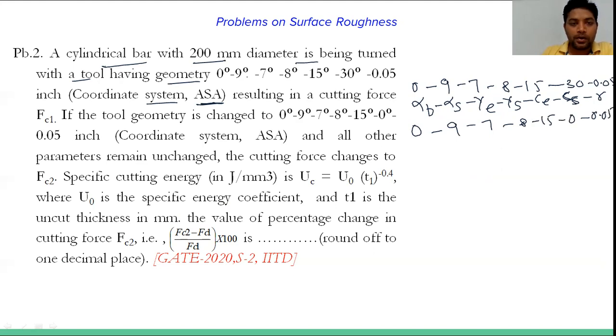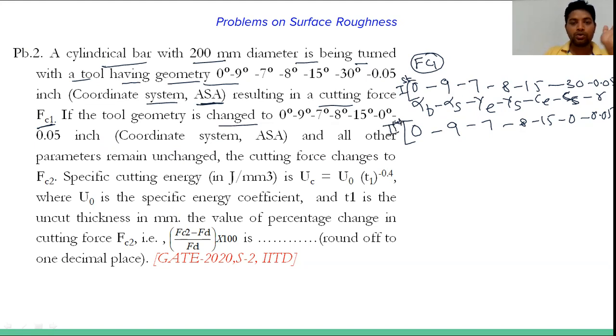Okay, now let's start reading this question. 200 diameter is being turned with the tool having the geometry this one, resulting in a cutting force that is fc1. It means when we use the first tool, whatever cutting force we get, that value is fc1. If the tool geometry is changed, we take this as the second tool.